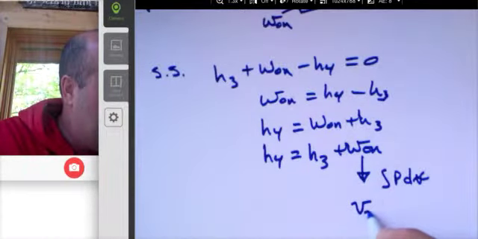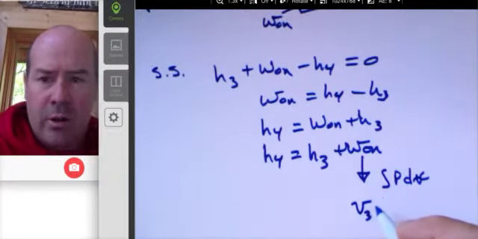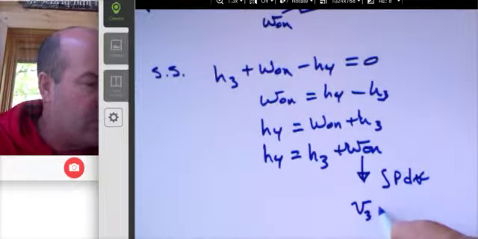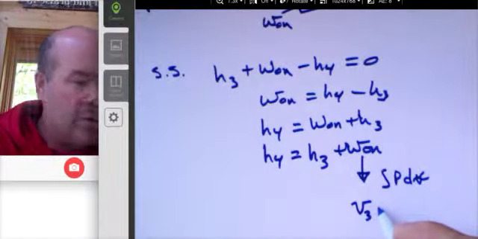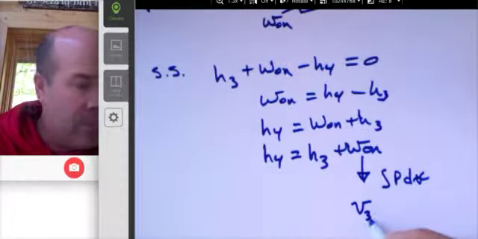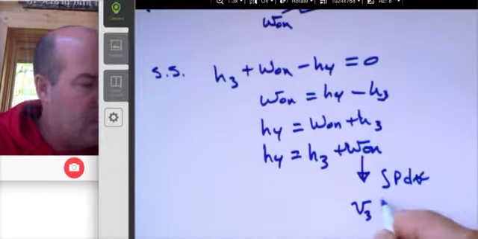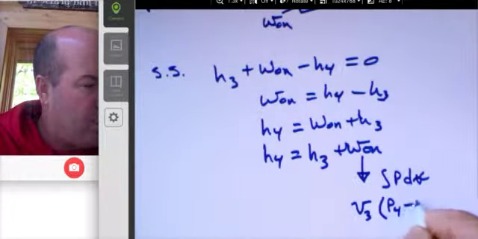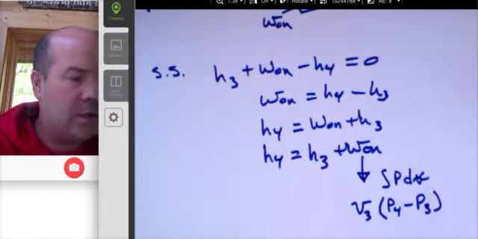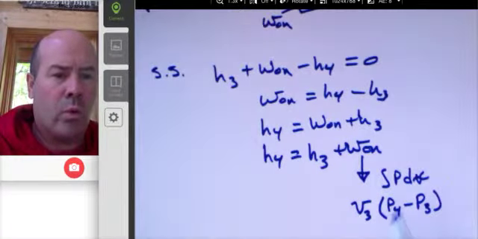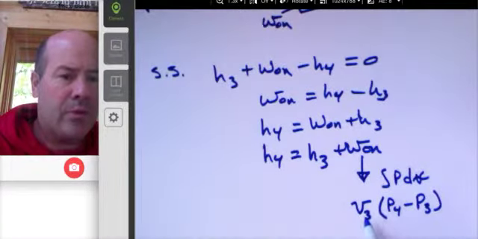What we do when we do this integral and get all of our constants is we find out that this work is equal to V3 times P4 minus P3. So the work of the pump is the specific volume of the fluid times the change in pressure.